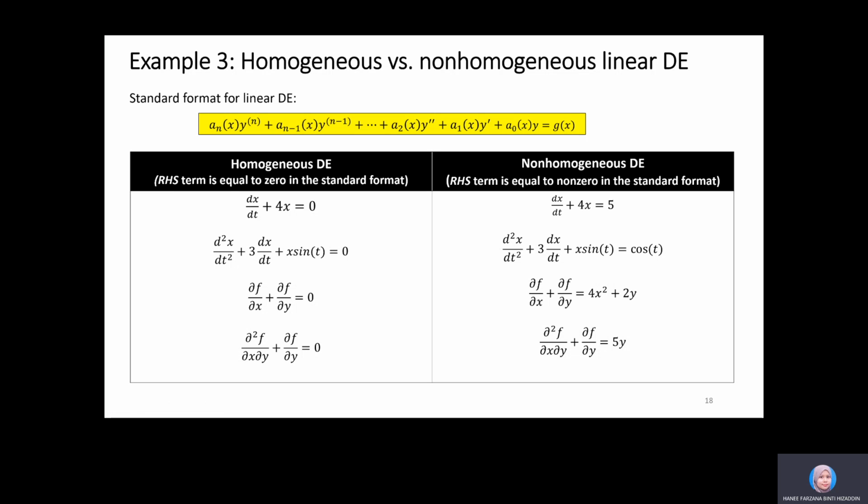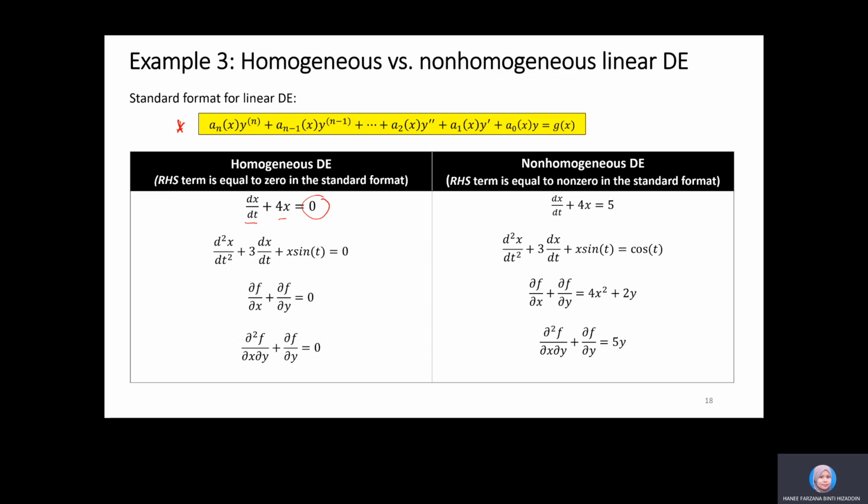Here are some examples of how to see whether it's homogeneous or non-homogeneous. This is the standard format for a linear differential equation, as we have seen and used to identify whether it's linear or not. Here you can see some examples of homogeneous DE, where the right-hand side equals 0.